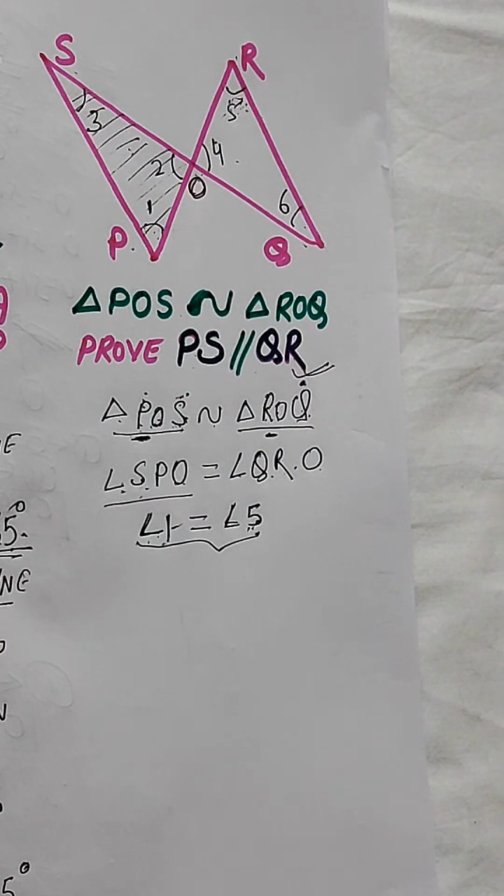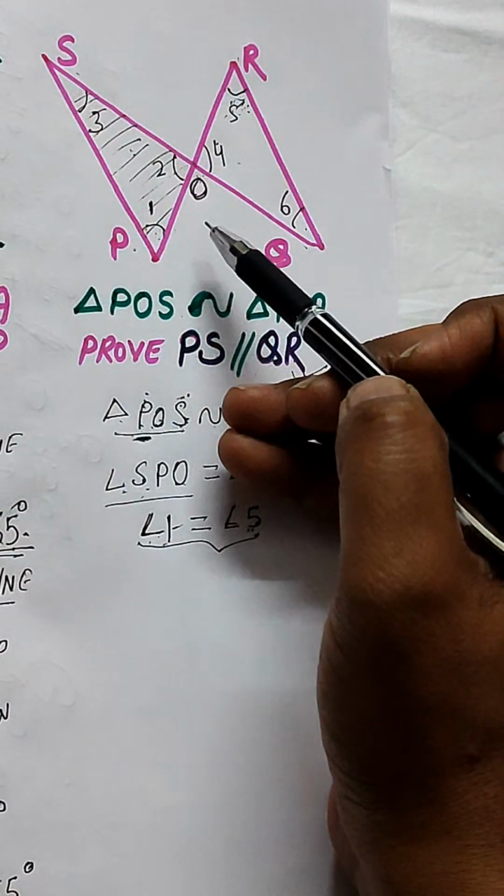So let me see some chats. Okay, Roger. Two angle similarity, AA, perfectly fine. You are right, Roger.